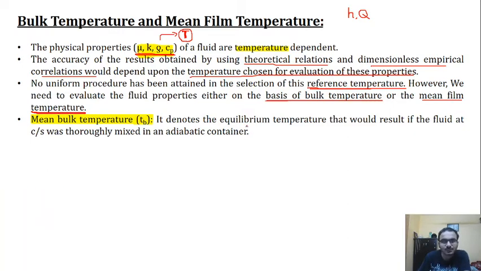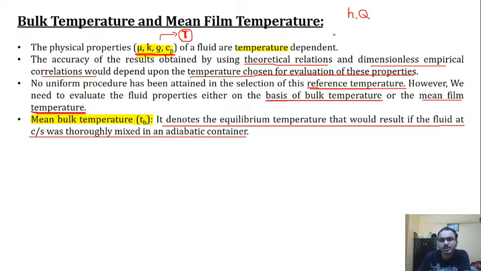It denotes the equilibrium temperature that would result if the fluid at a cross section was thoroughly mixed in an adiabatic container.